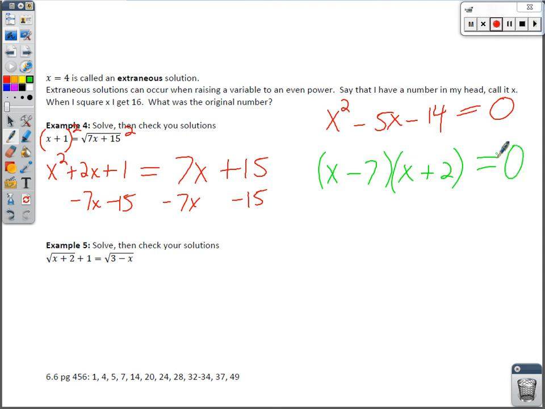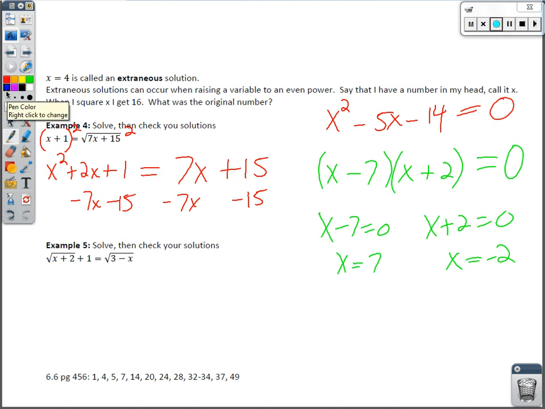Use the zero product property and solve the equations to get the two possible answers. Again, we're going to have to check these to make sure. And I'll just jump down to the bottom. Check positive 7 here.